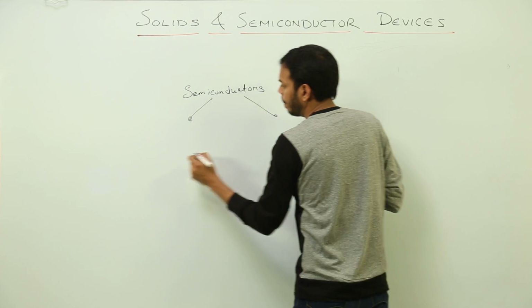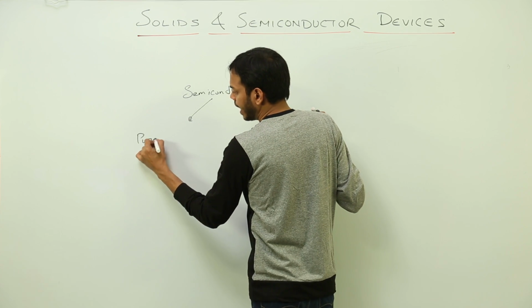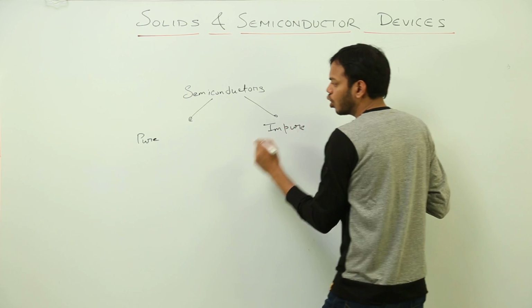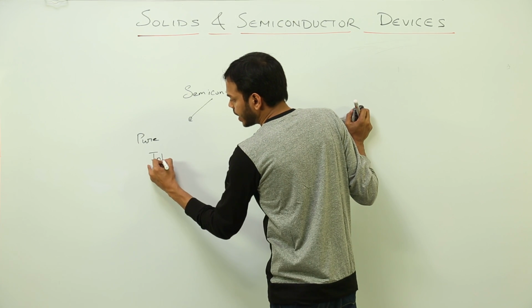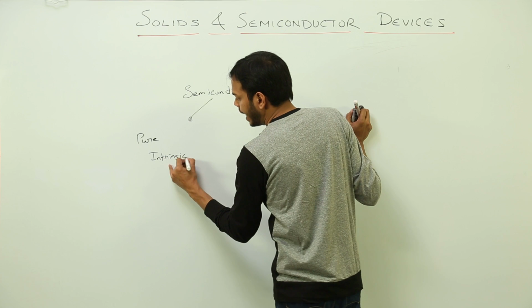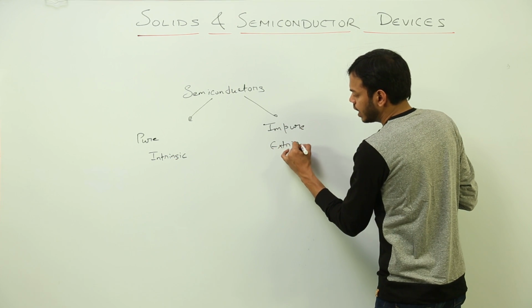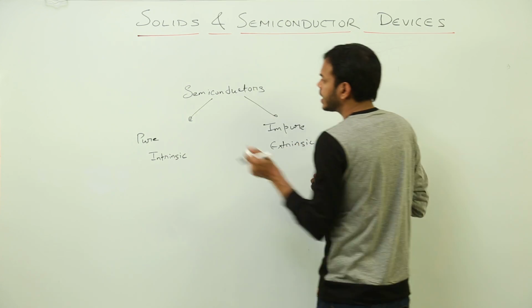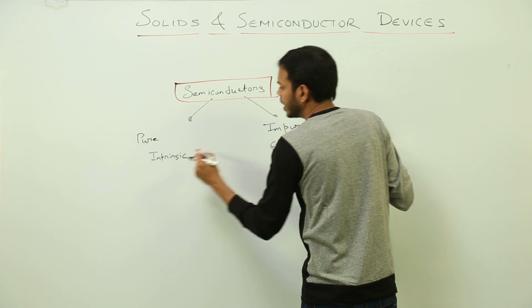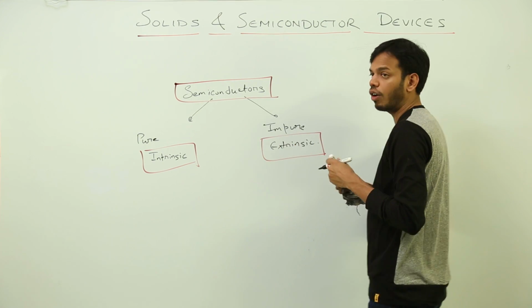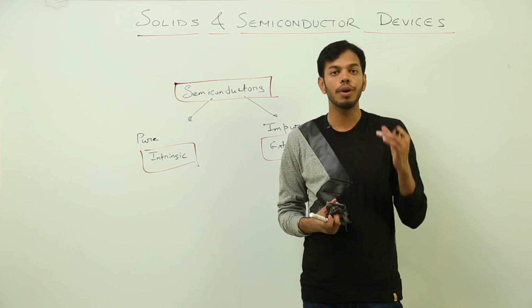One is pure and another one is obviously impure. Pure ones are called intrinsic semiconductors and the impure ones are called extrinsic semiconductors. Semiconductors are classified into intrinsic and extrinsic on the basis of the presence of impurity atoms.